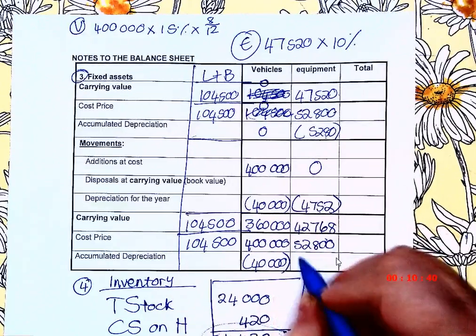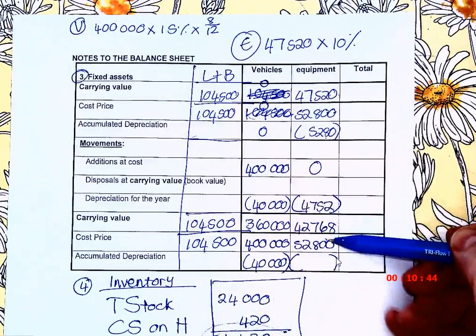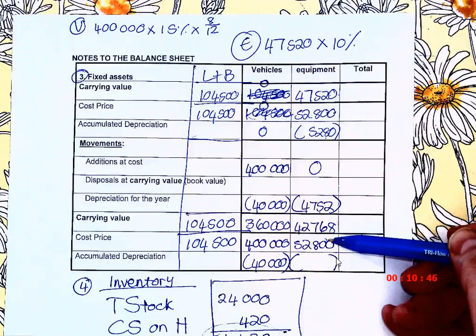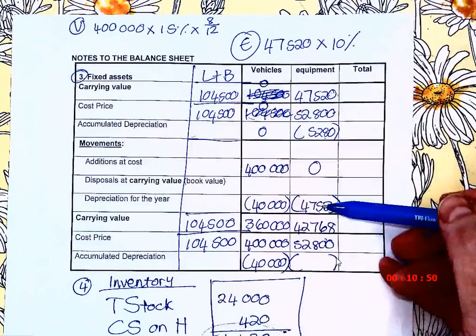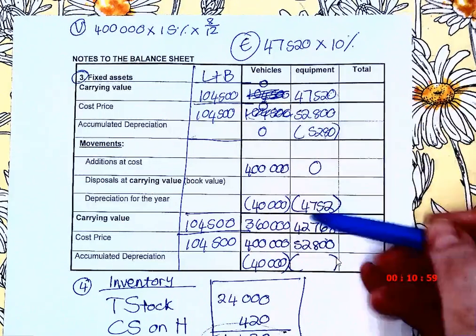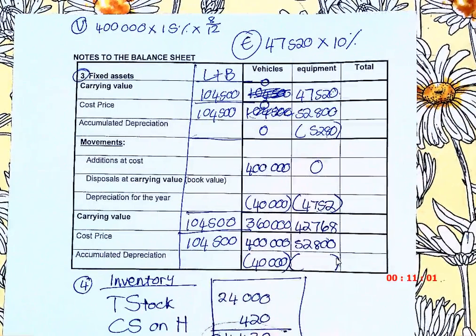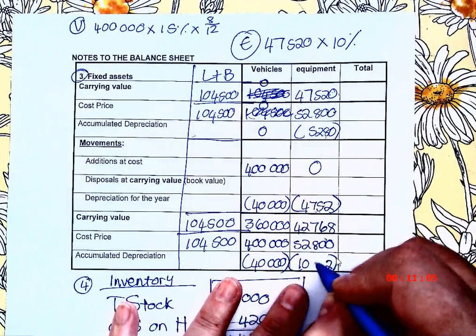And now my accumulated, I can either say 52 less 42, or I can say 5,280 plus 4,752. Okay, so that gives me what? 10,032.